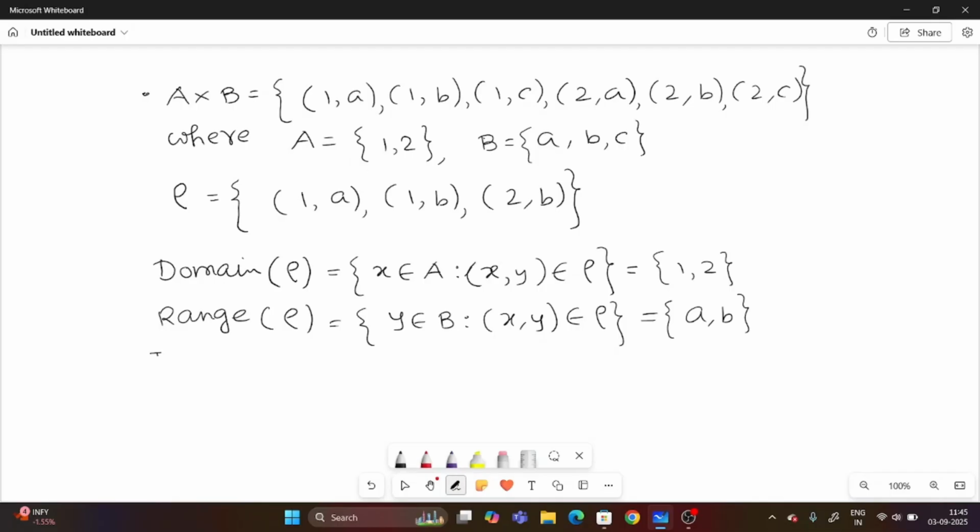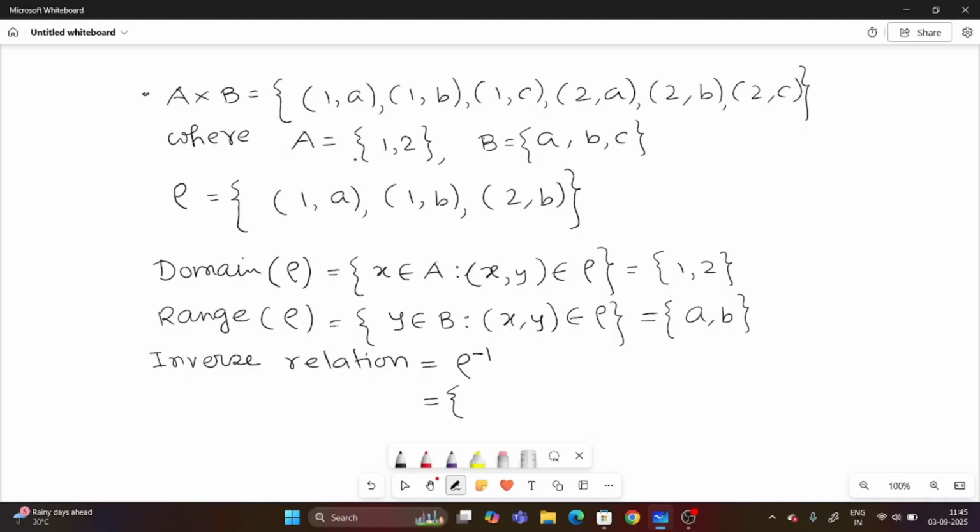And finally, we have to know about the inverse relation. So what is the inverse relation? The inverse relation of rho, denoted by rho inverse, is the collection of all ordered pairs reversing the order.